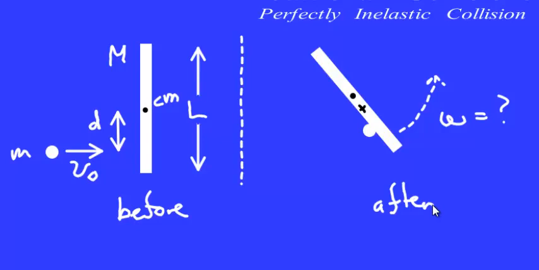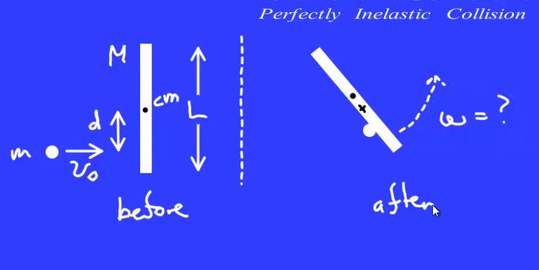This is an example of a perfectly inelastic collision. So that ball, maybe it's a ball of putty, sticks to the rod, and they rotate together afterwards. What we want to determine is the angular velocity of that rod-ball system after the collision when the two stick together.